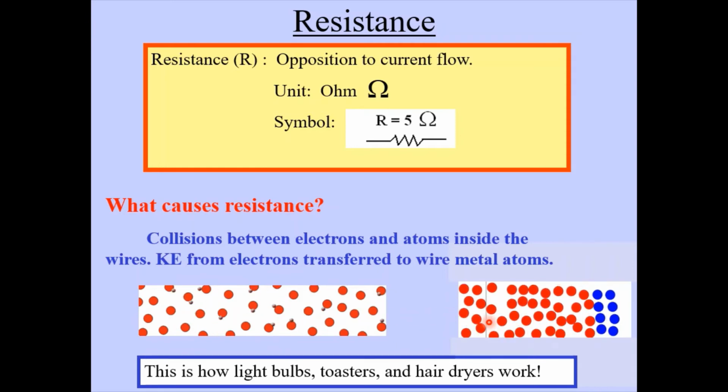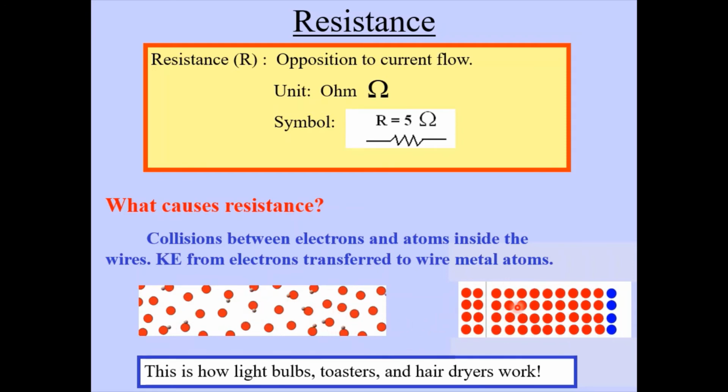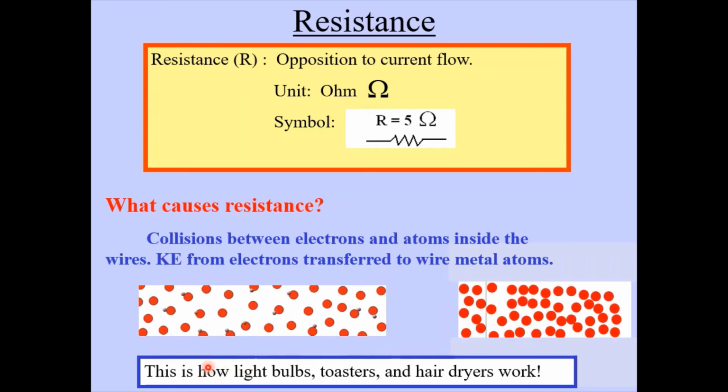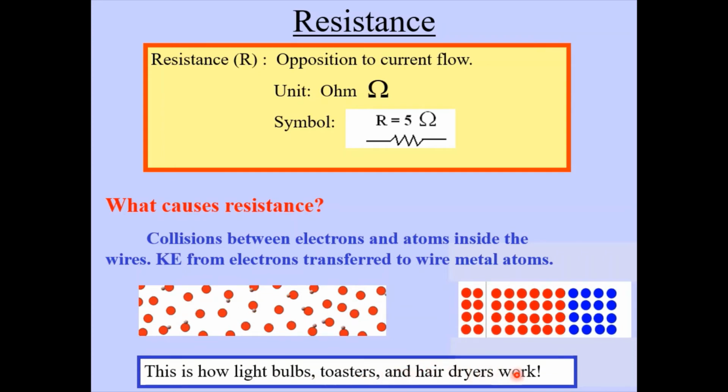We're basically taking kinetic energy from these electrons and transferring it to kinetic and potential energy of these atoms wiggling and jiggling around. We're basically converting it to thermal energy. This is how incandescent light bulbs, like the type that Thomas Edison invented, toasters and hair dryers work. They use this principle of taking electric energy due to these moving electrons and converting it into thermal energy, where we have a lot of vibration of the atoms.